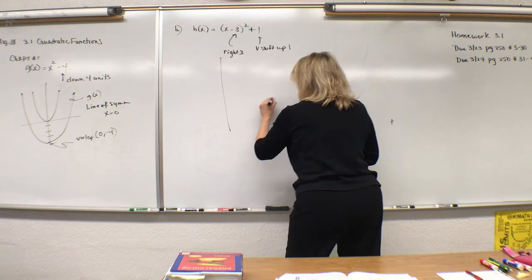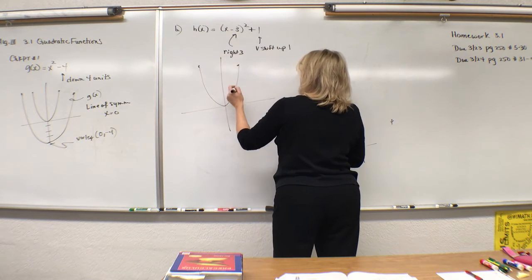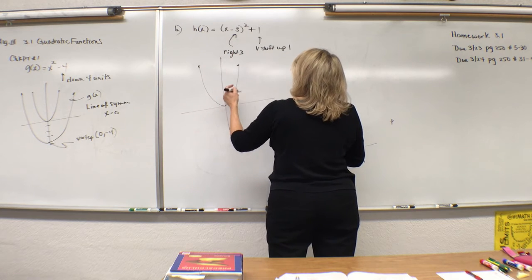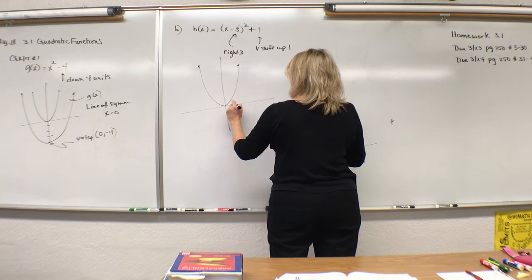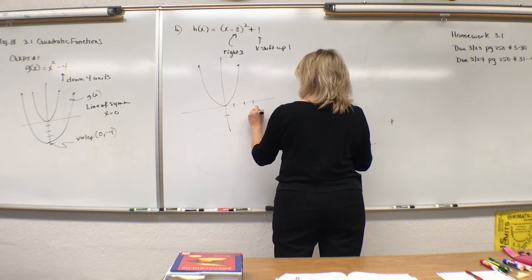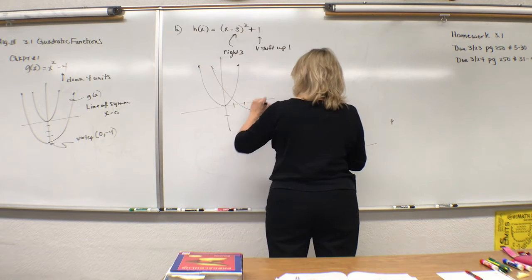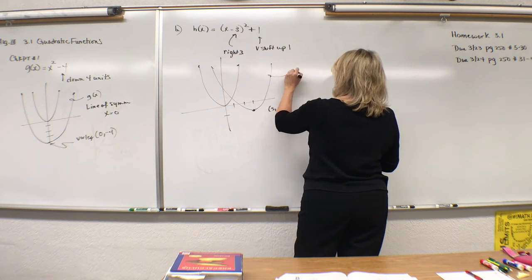So again, if I compare the graphs to the parent function, here's the parent function, and I'm now going to move right 3 and up 1. My new vertex is at (3, 1). So this is h of x.